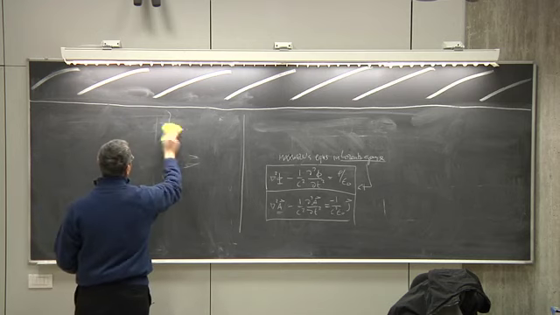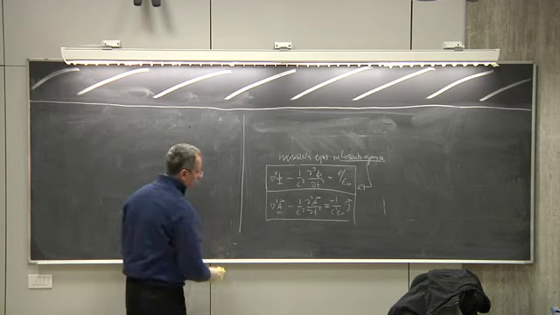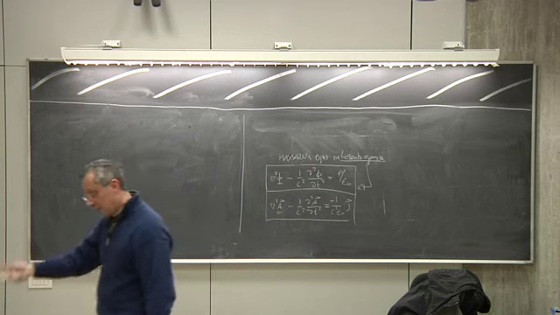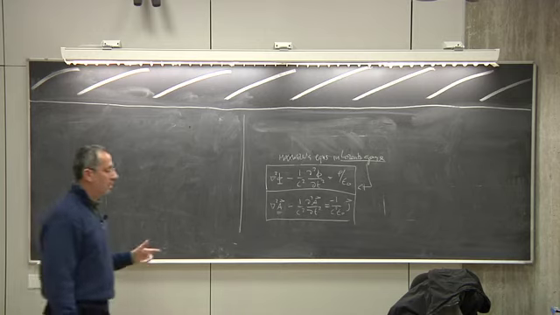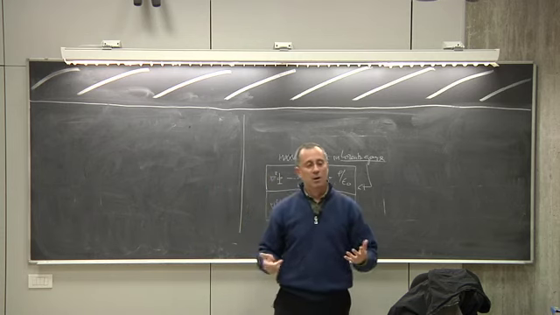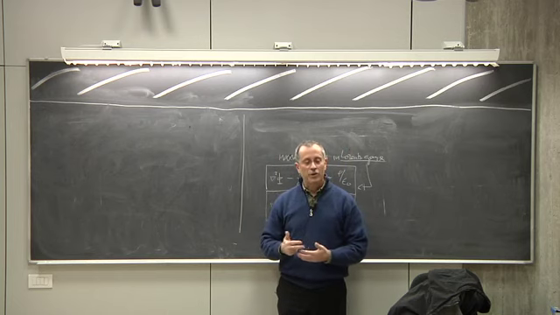So interactions that are invariant under gauge transformations, like Maxwell equations, like the electromagnetic intensities, are called gauge interactions. And as you probably know, most of the interactions we know... How many fundamental interactions do we know?